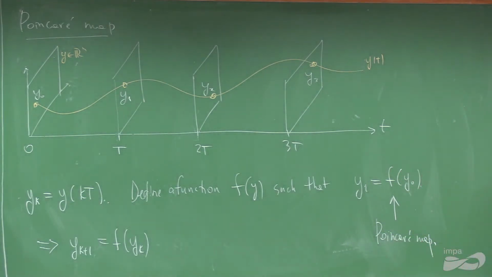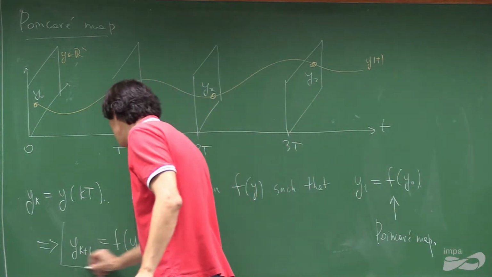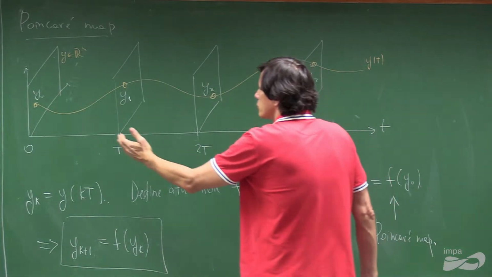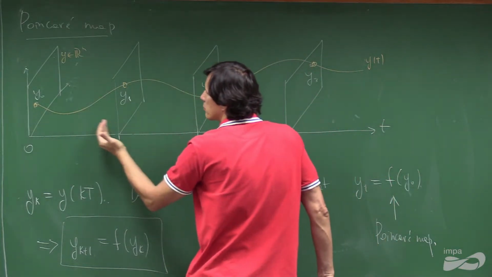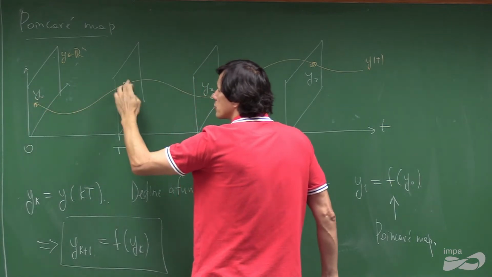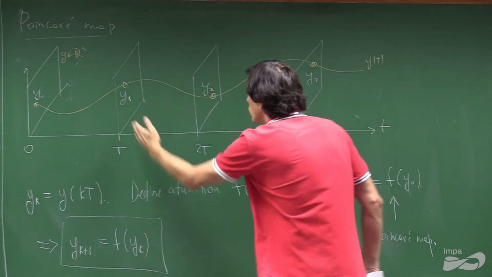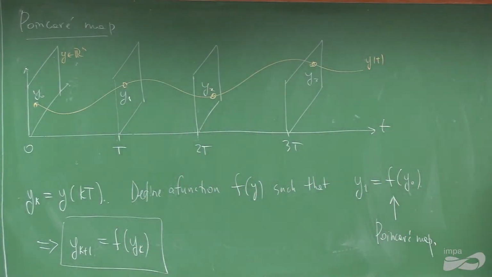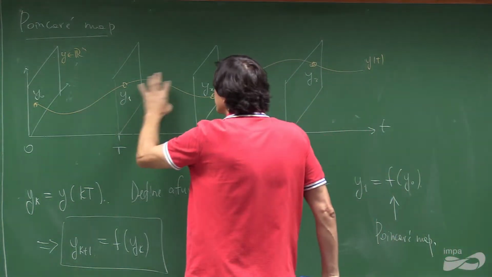Good. That's already a simplification, because if you just analyze the system within 1 period and find how the initial condition maps to the condition at time T, then with the same function you can know what happens at any number of periods, because you just iteratively use the same function. What happens in between doesn't matter.